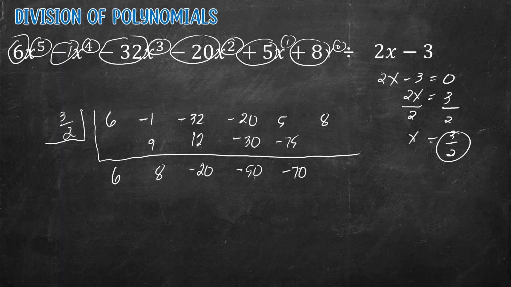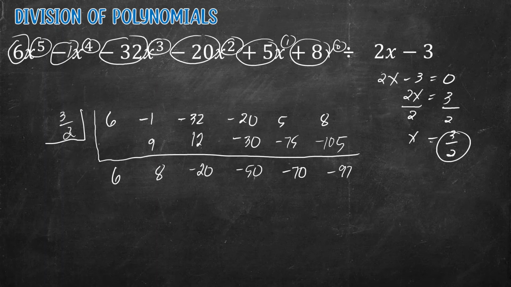Negative 70 divided by 2 is negative 35 times 3 is negative 105. 8 plus negative 105 is negative 97.